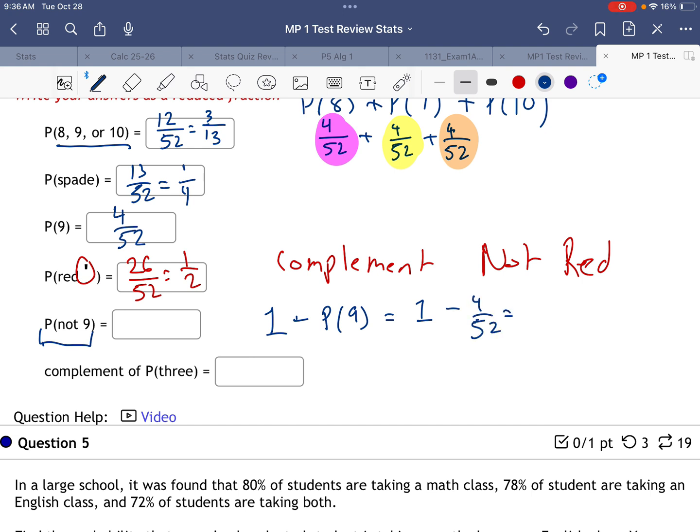And you could even type this in your calculator, then hit math frac, but I think it's important that we understand that 52 out of 52 is going to be equal to 48 out of the 52.